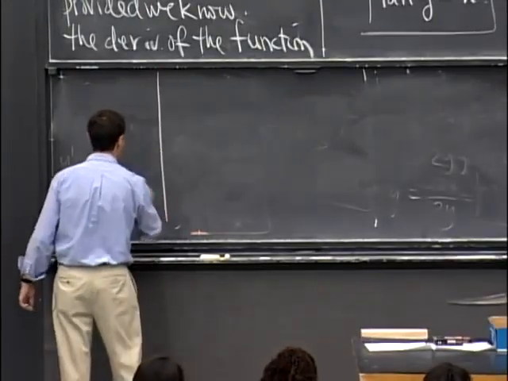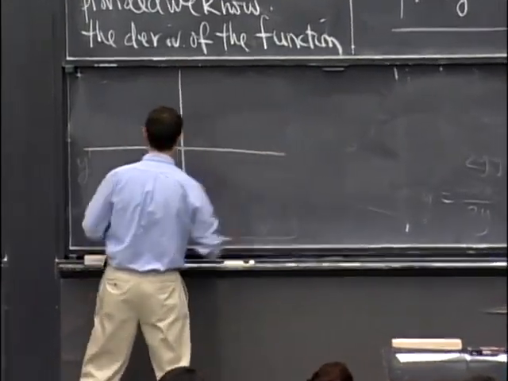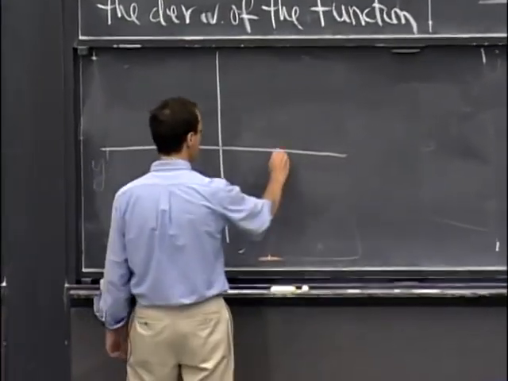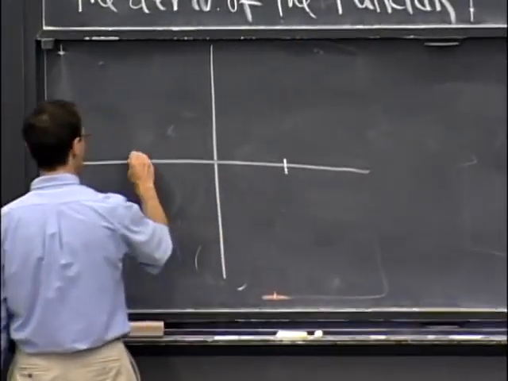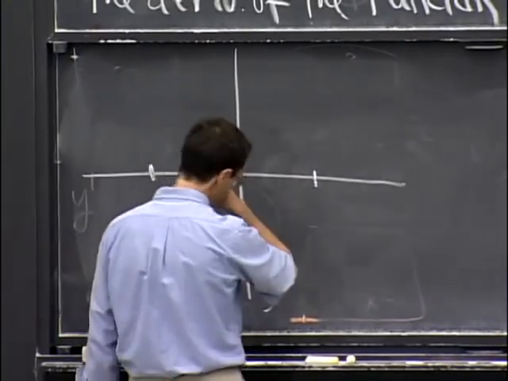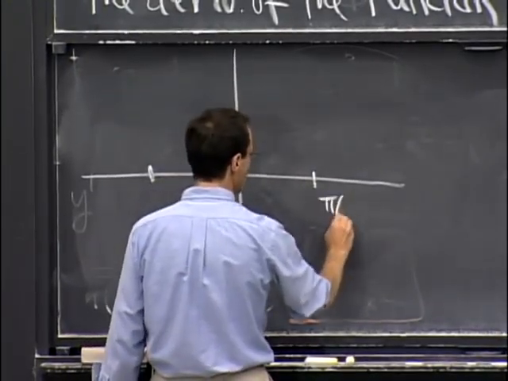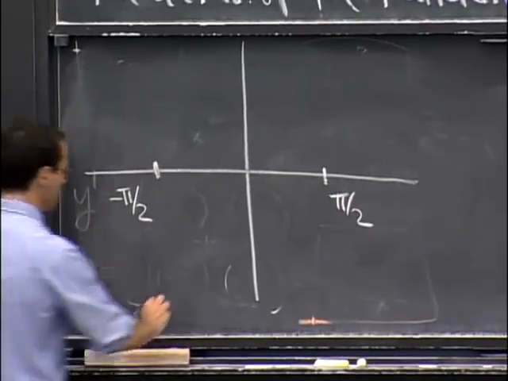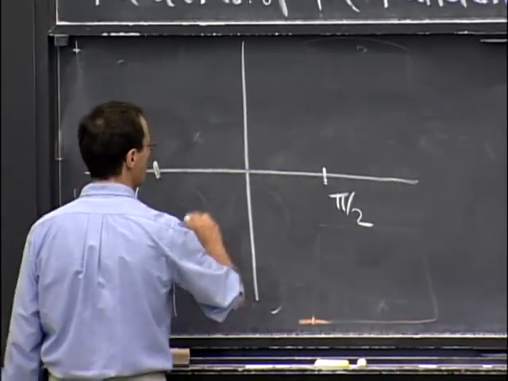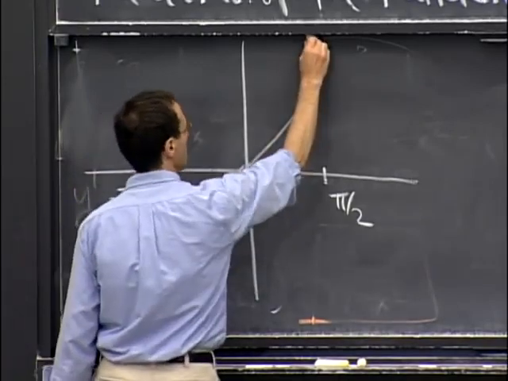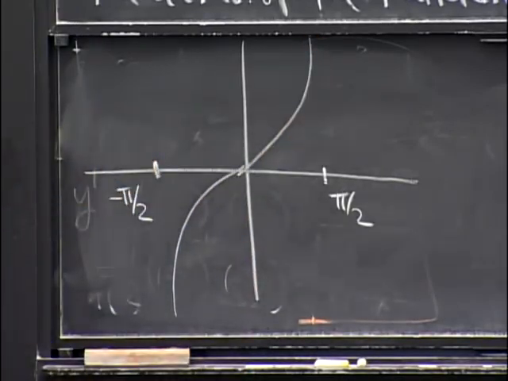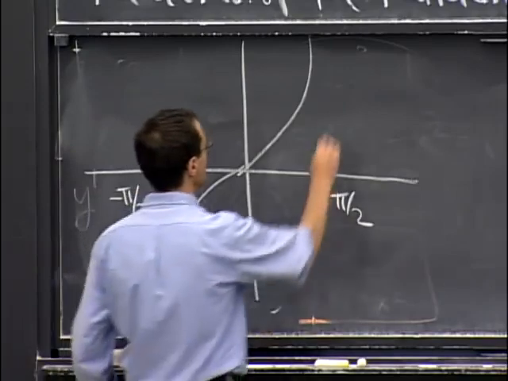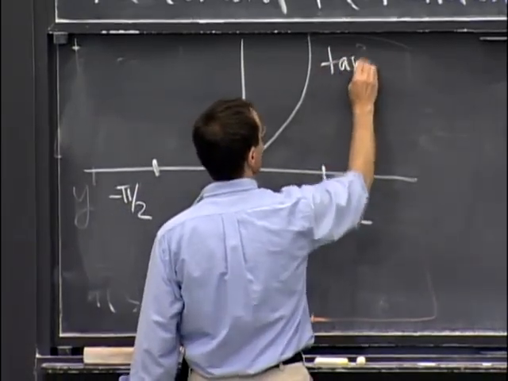So first of all, I remind you that the tangent function is defined between two values here, which are pi over 2 and minus pi over 2. And it starts out at minus infinity and curves up like this. So that's the function tan x.